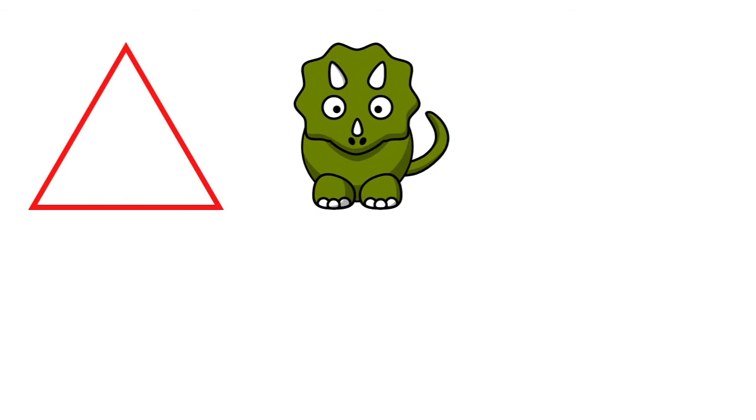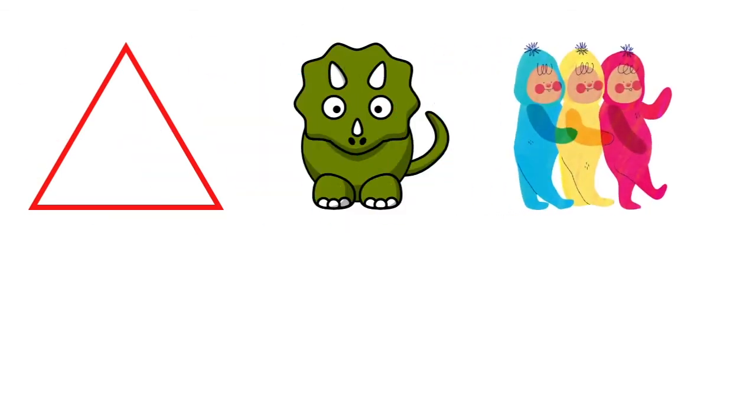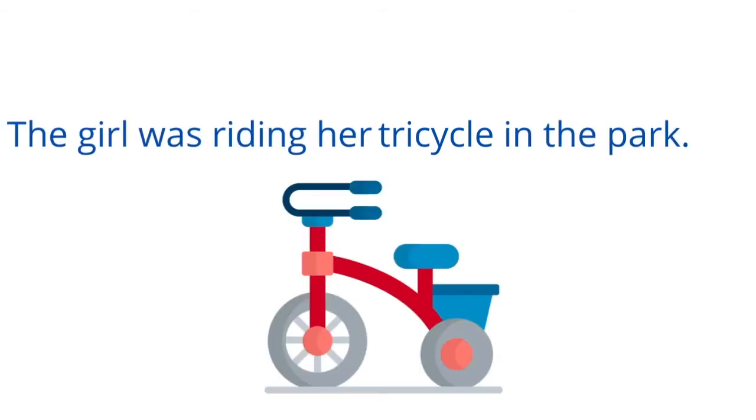Let's think. Triangle. Triceratops. Triplets. Now, if we put the original word, tricycle, back into the context where the student found it, the girl was riding her tricycle in the park. The student can now decode the meaning of tricycle as a three-wheeled bicycle.